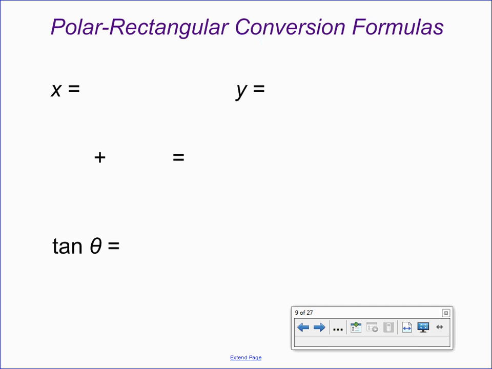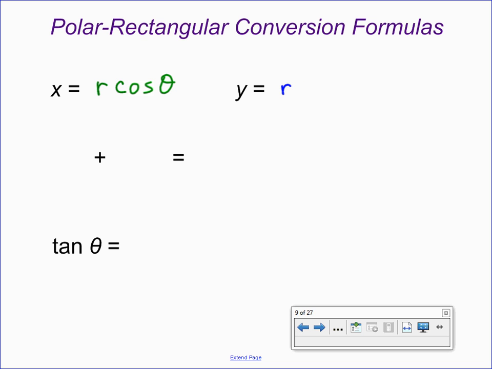And now let's remind ourselves about some conversion formulas. So our conversion formulas come directly from the Pythagorean theorem and the relation between the Cartesian point x, y and that angle theta, your direction angle. And so, what is the x coordinate given by? Well, it's given by r cosine theta, where cosine theta is still a measure of the magnitude of my horizontal displacement x divided by the distance r, the hypotenuse in my right triangle. So what do you think y is?